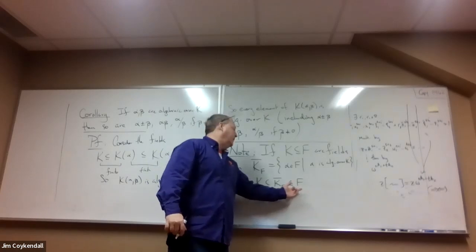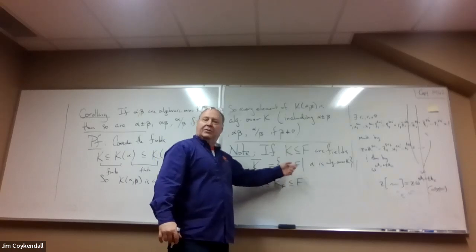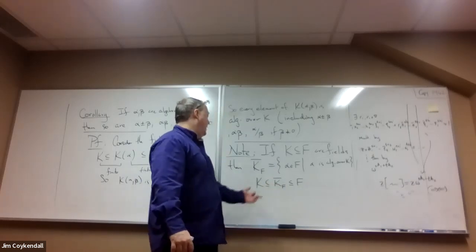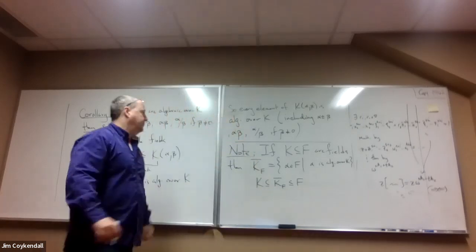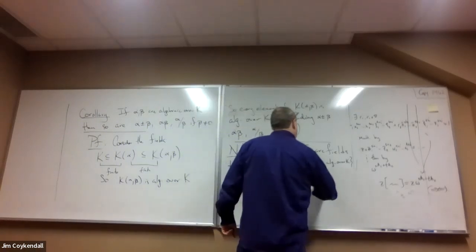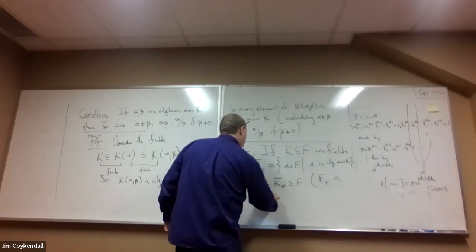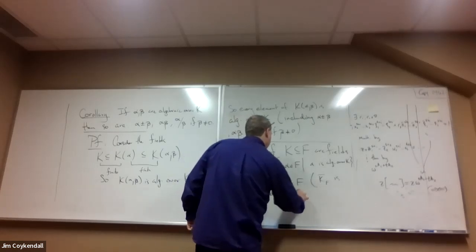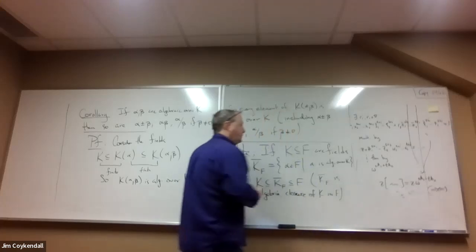It's obviously contained in F by definition, and it contains K, because everything in K is automatically algebraic over itself, right? It's a root of the monic polynomial X minus k. And in fact, this set is actually an intermediate field. This is often called the algebraic closure of the field K in F.